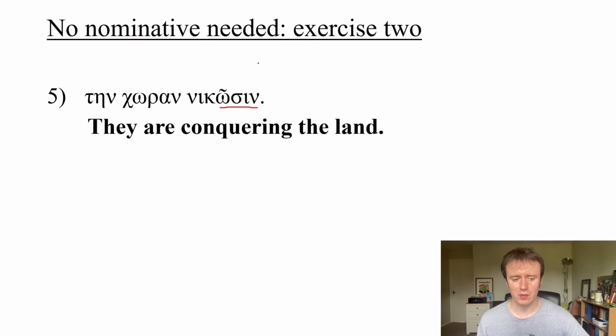And now you might have noticed that I put a macron above the alpha in the noun kora when I introduced it to let you know that it's a long alpha. I'm only including these macra, that is the lines indicating when a vowel is long, when I'm introducing a new item of vocabulary, okay? And I'll pronounce it as a long vowel.